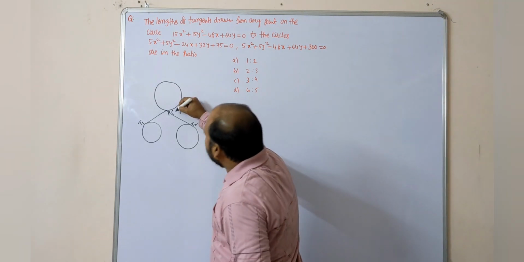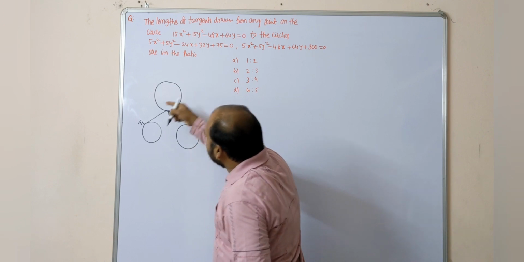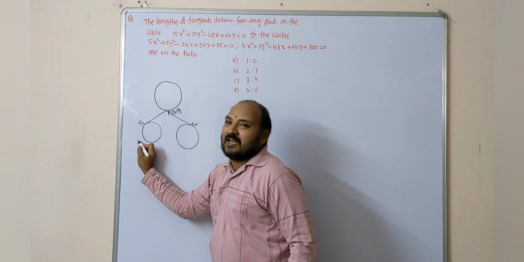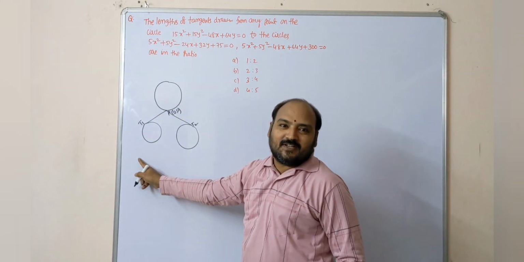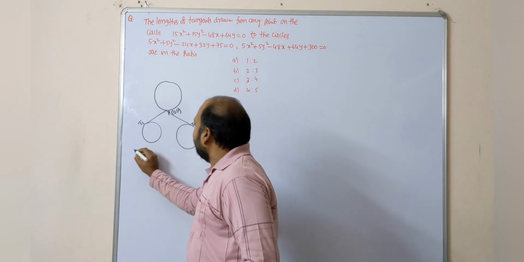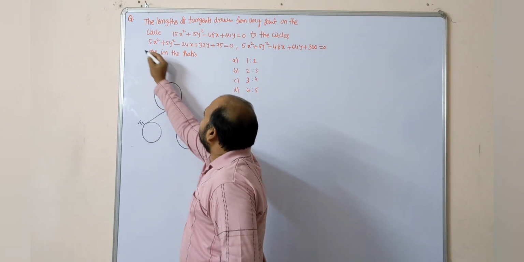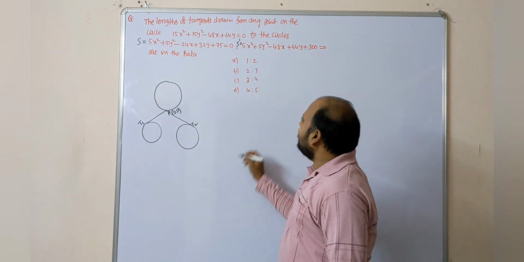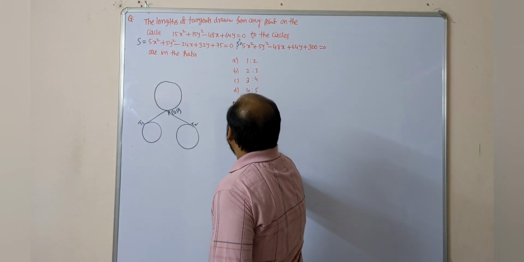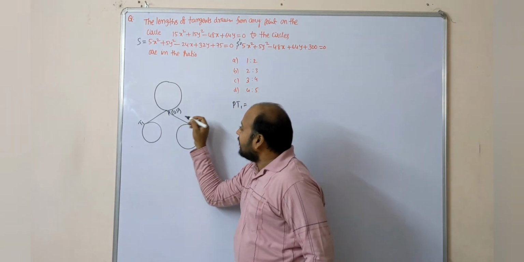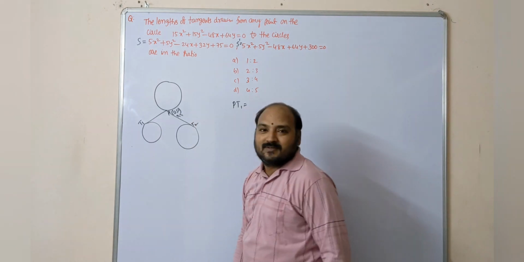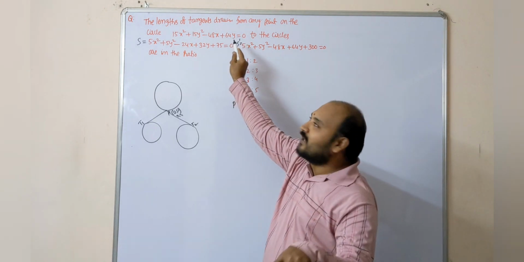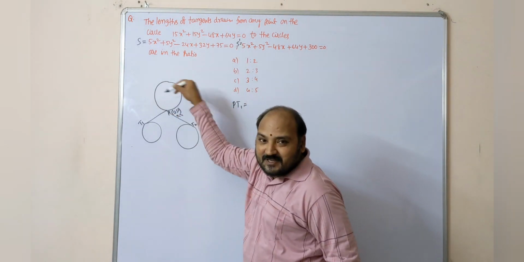So from this point, find the length of tangent to the first circle. S you take, this is S, this is S dash. I am taking PT1 as the length of tangent from x1, y1. Do you understand why we are taking 0, 0? This circle does not contain the constant, so it is passing through the origin.